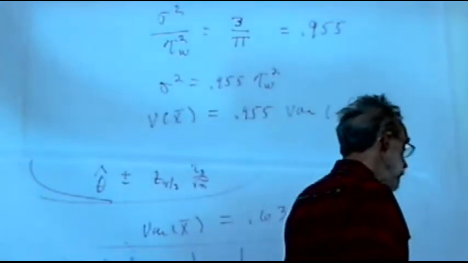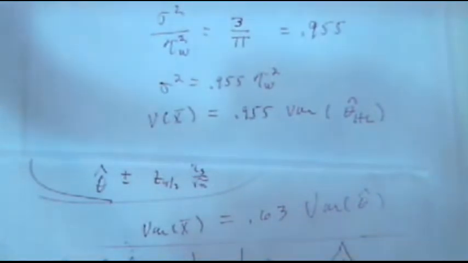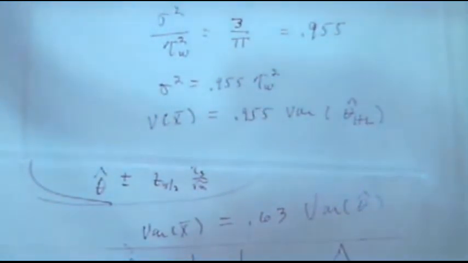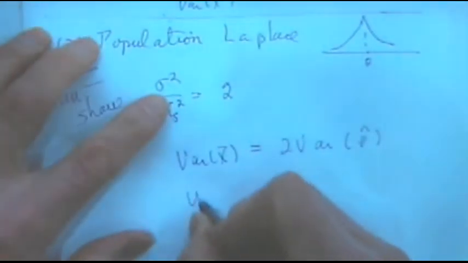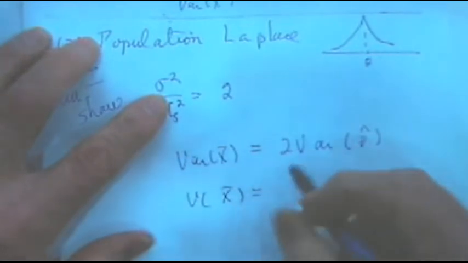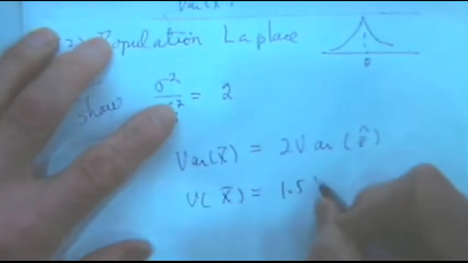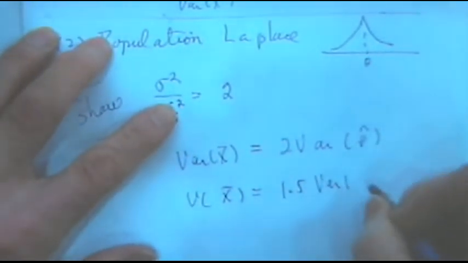Now what if it's not normal? Well, if the tails are heavier than normal, then usually the Hodges-Lehmann estimator beats the sample mean.